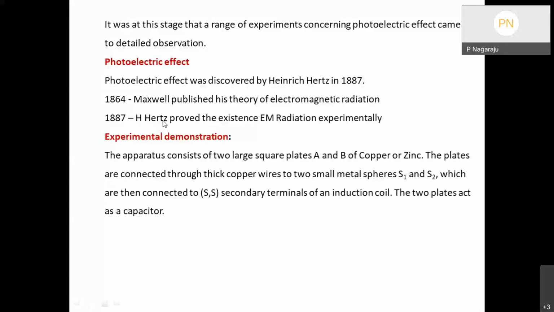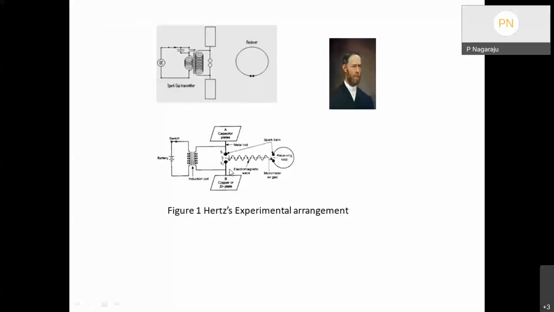And thus, Hertz proved the existence of electromagnetic radiation experimentally. What is this experiment? You can see here, this is the schematic diagram of the experiment conducted by Hertz in the year 1887, and this experiment establishes the electromagnetic wave.